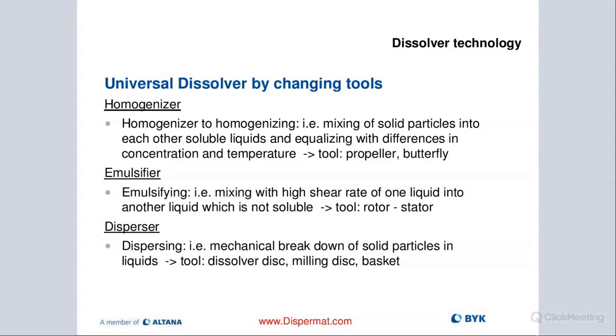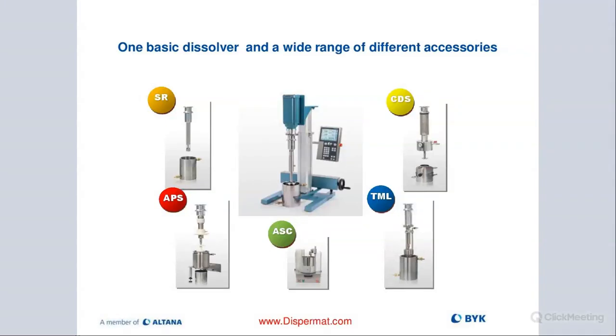But you can also use it as an emulsifier if you want to mix two different liquids together at a very high shear rate, or you can use it as a homogenizer as well. So that's also possible, like a mixer, or as a propeller tool or a butterfly tool options there.